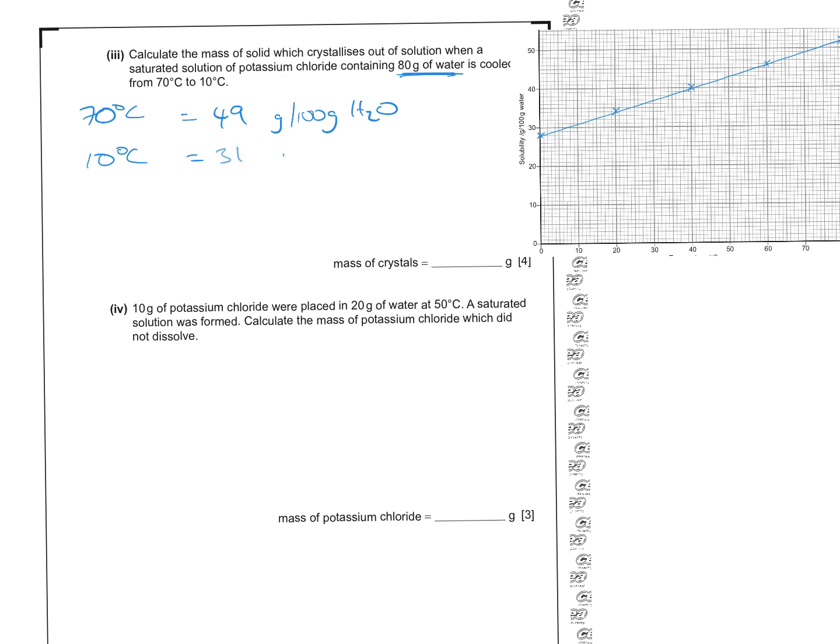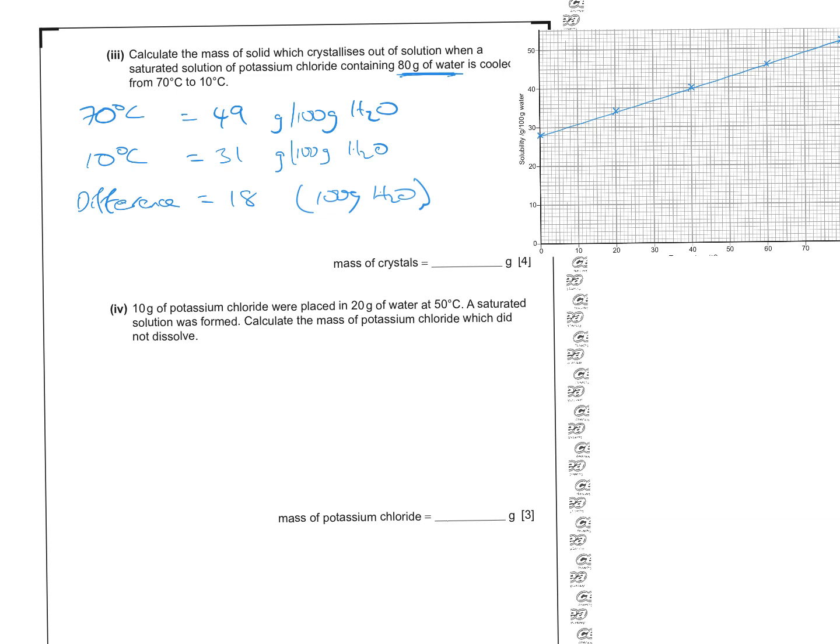That's all really I need, but I'm going to put in units, like so. Now the difference in solubility is 18. Now remember, that is per 100 grams of water. So always work out calculations based on the graph first, per 100 grams.